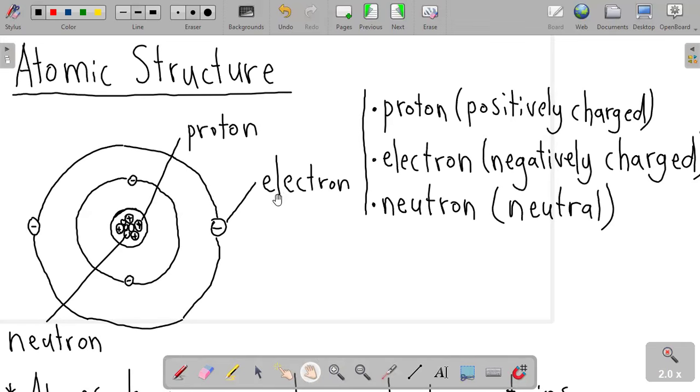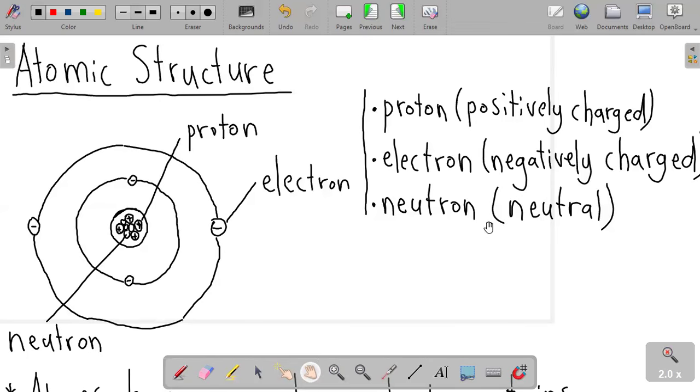The electrons are situated outside of the nucleus, and the charges are as follows. The proton is positively charged, the electron is negatively charged, the neutron is neutral.